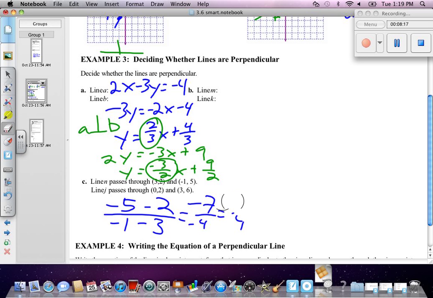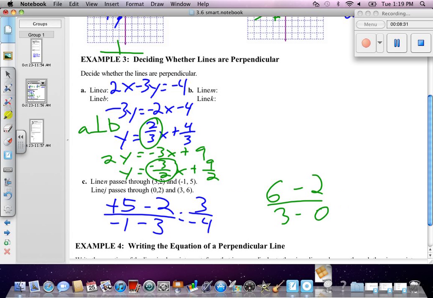That's a very good question. It's magic. I don't know. 5 minus 2 is 3 over -4. Better. Okay. Then we've got 6 minus 2 over 3 minus 0, which gives us 4 over 3. So these two are perpendicular. If you're given 2 points, you just find the slope, and if it's the opposite reciprocal, it's perpendicular.